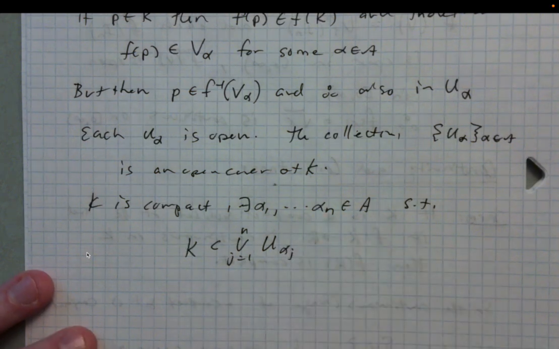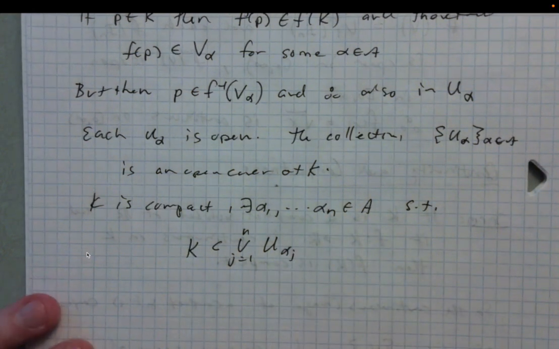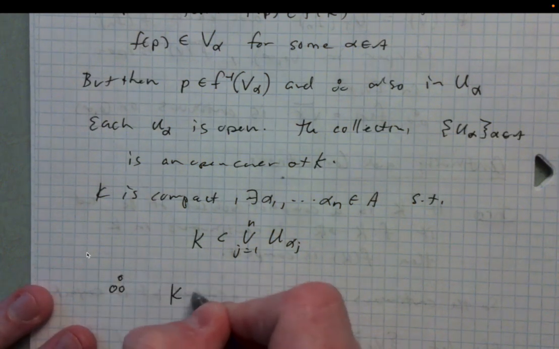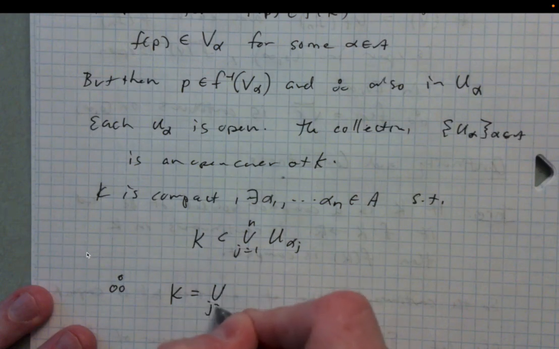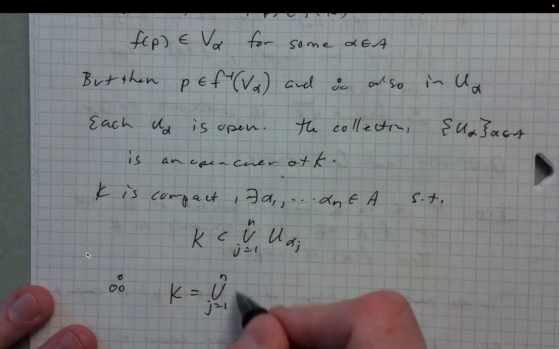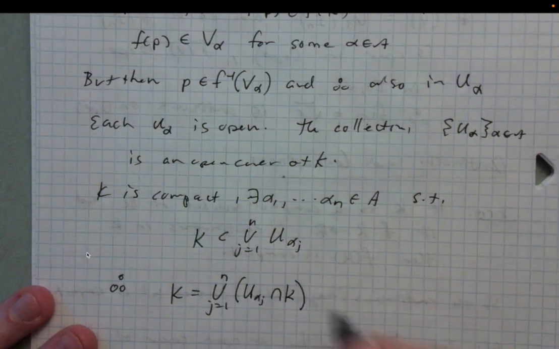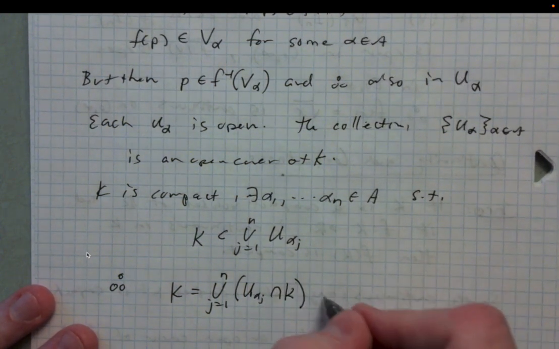Okay, so we've got that, and this is all going to imply then that K is equal to the union, j equals 1 to n, of U alpha sub j intersect K. And what is this?